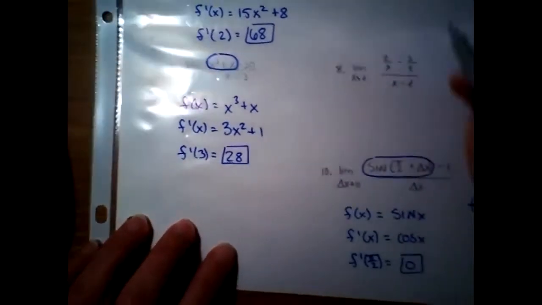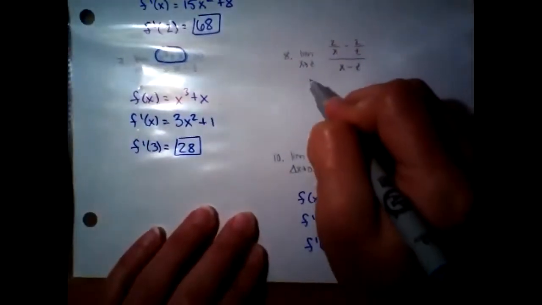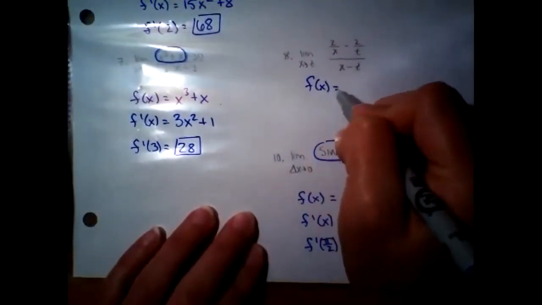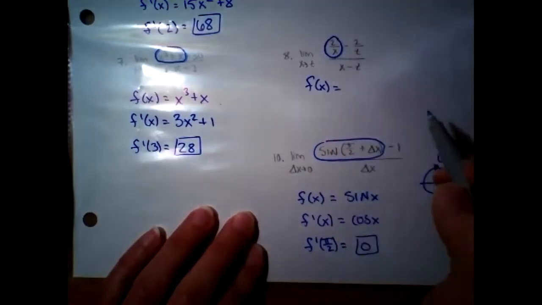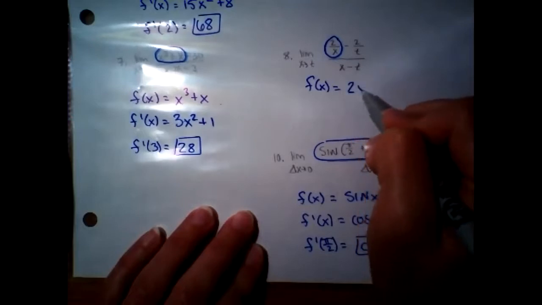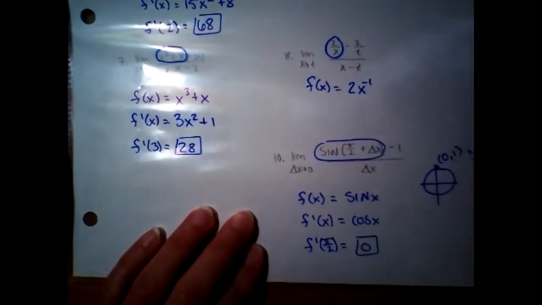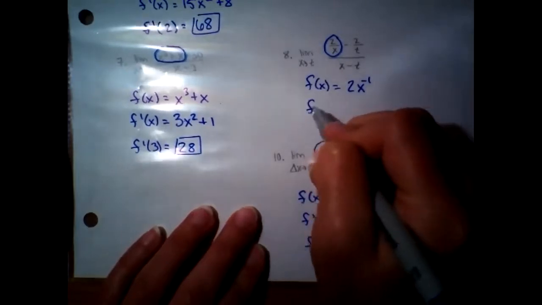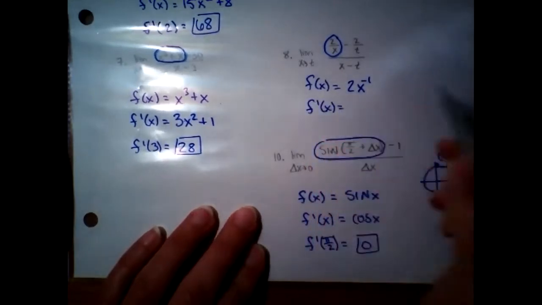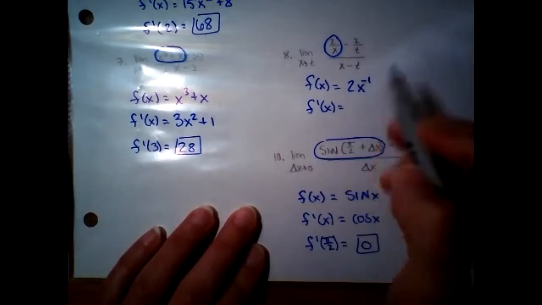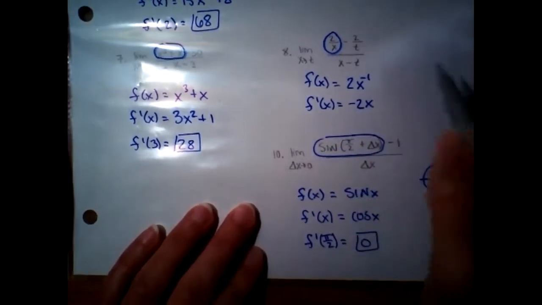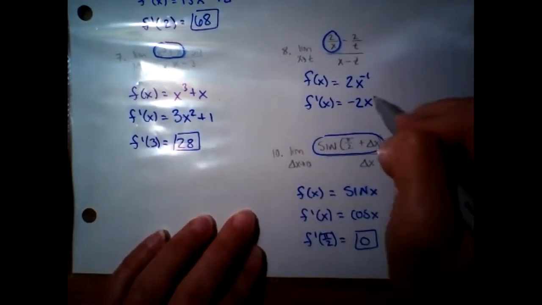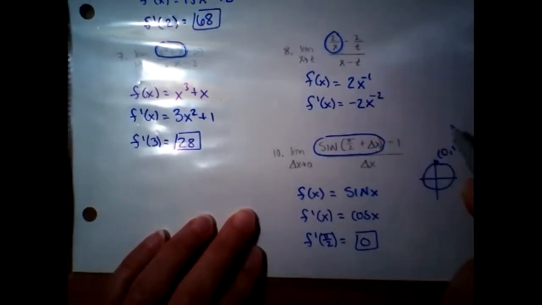And then here, I'll just do number 8 too, since we're here. This will be the last one. All right, so for this one, our function is this first part. So 2 over x. I'm going to write that as 2x to the negative 1. That's what 2 over x means. And then when I do the derivative, I'm going to multiply the negative 1 down. That'll make that negative 2. And then be careful. You need to subtract 1. So it's going to make that a negative 2.